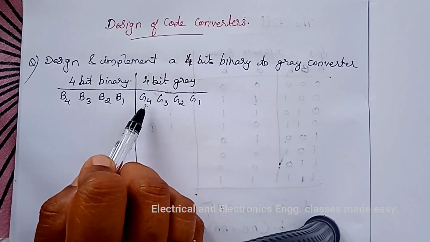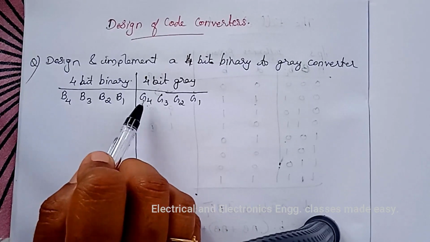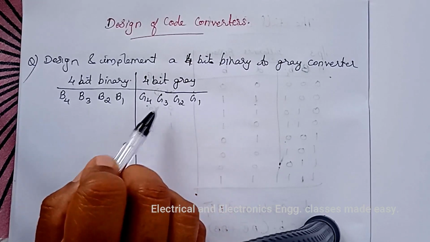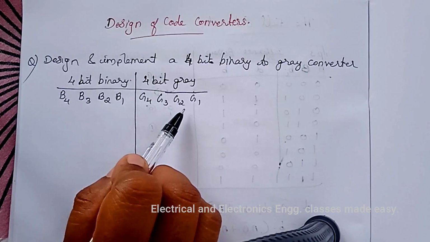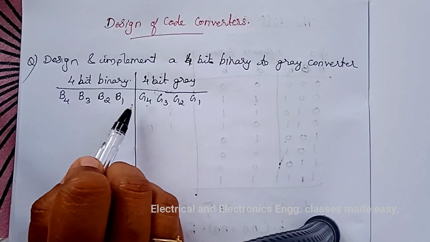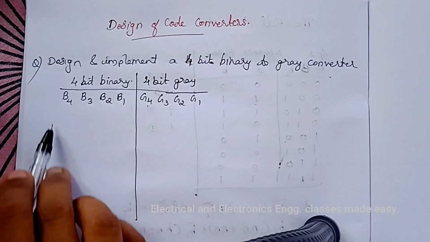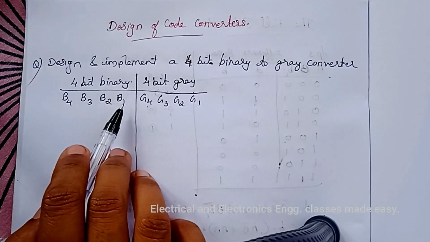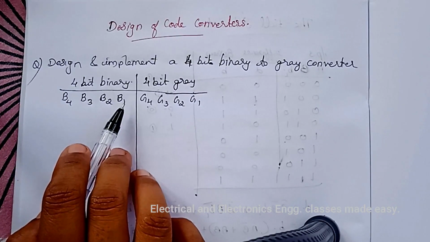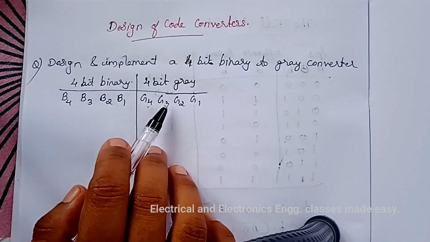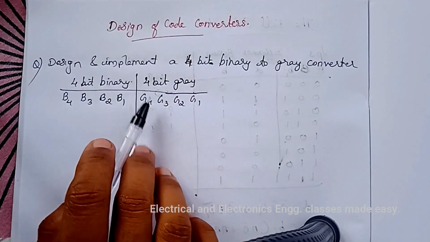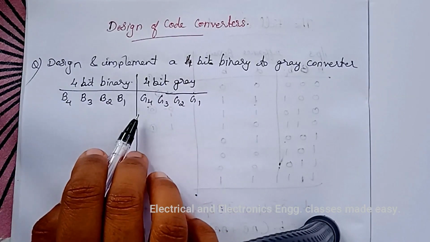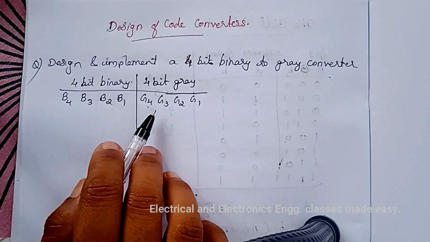Each of these four expressions would contain all the four input variables B4, B3, B2 and B1. Thus, the code converter is actually equivalent to four logic circuits, one for each of the truth tables.